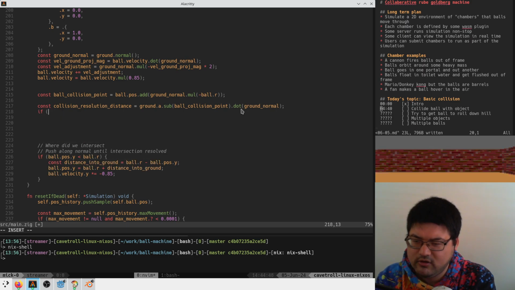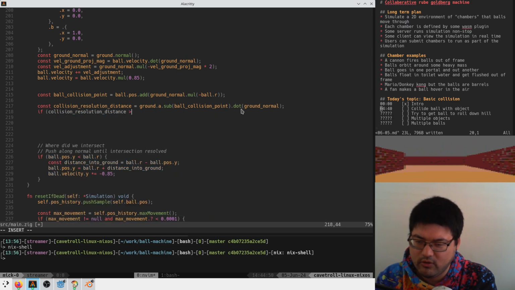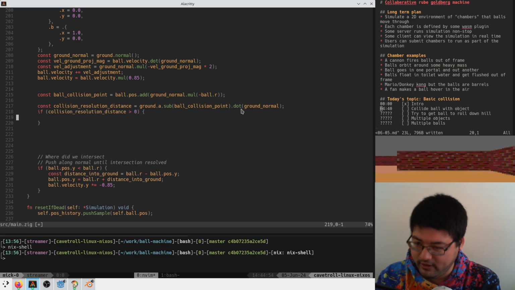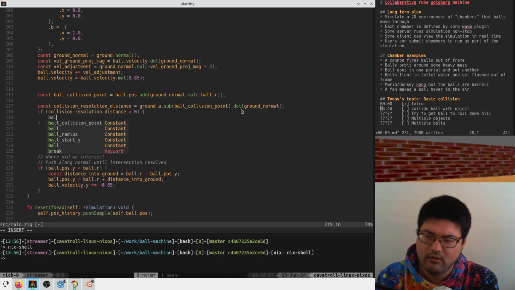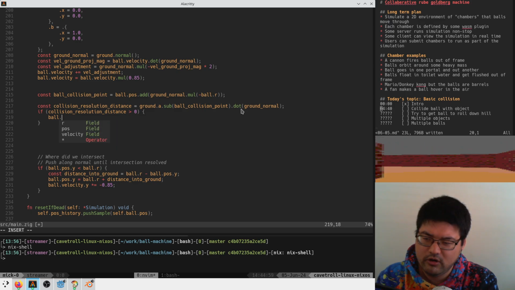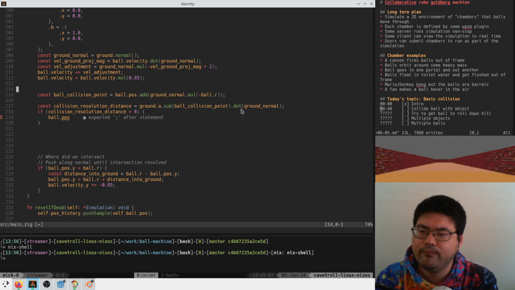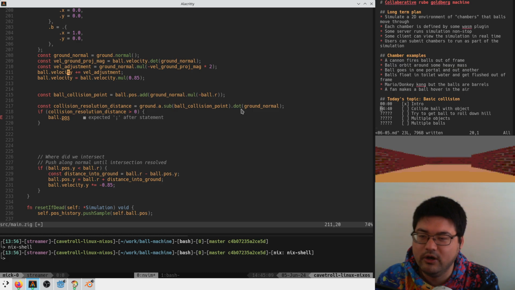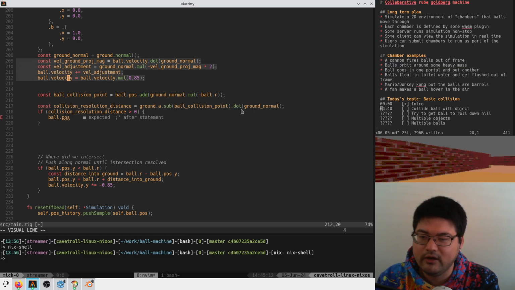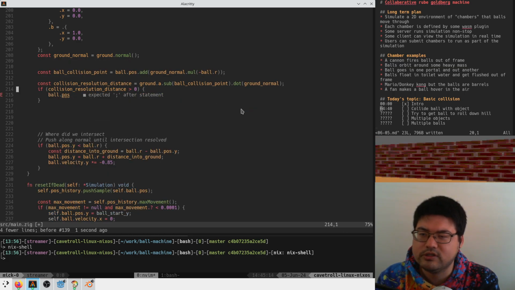Then we say if collision resolution distance is greater than 0, then we need to push the ball out. So then we can say ball position. I guess all of this velocity adjustment also should only be done if we collided, so this kind of goes down here.